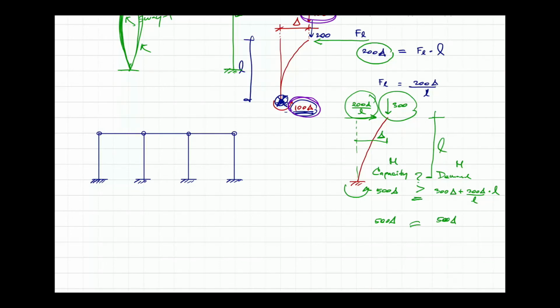So one has F1 capacity delta. You write this like the moment, so you need to times the delta, F4 delta, where F1, F2, F3, F4 are the capacity of individual column against the sway buckling mode, like this.